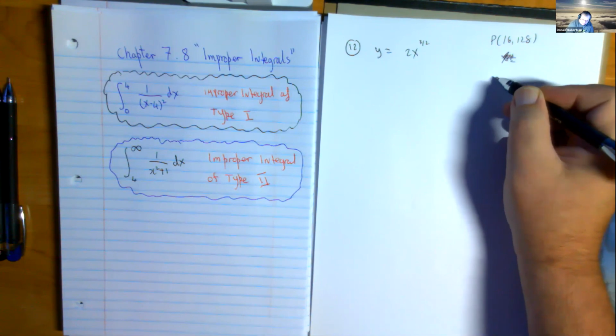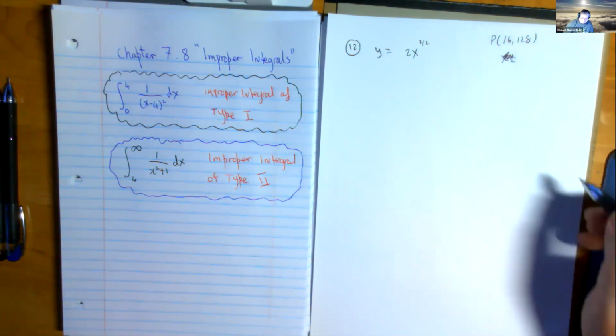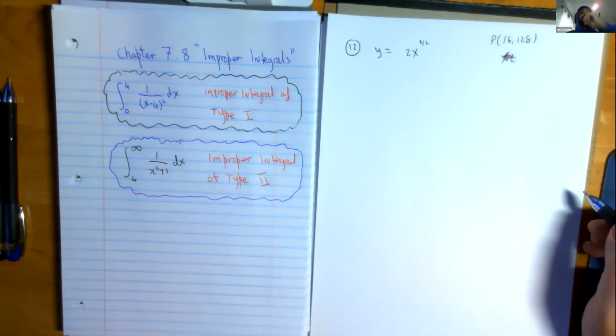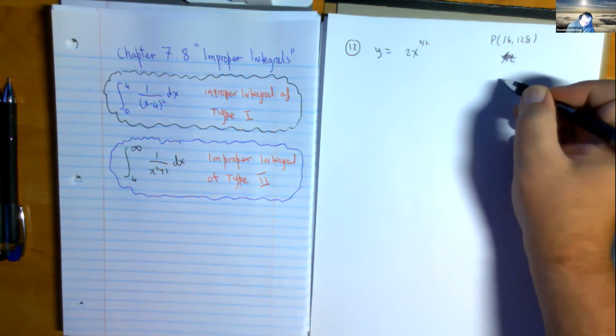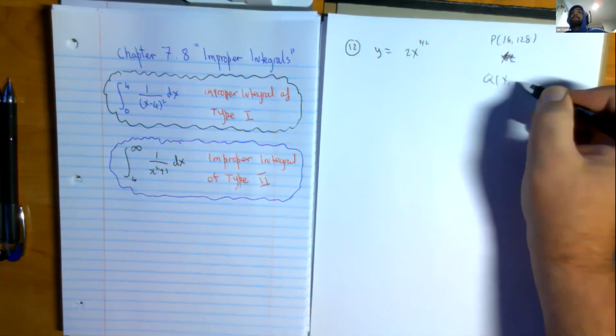Did you have a Q? That says find the arc length function of the curve. Oh, arc length function. Okay, so the other guy is basically going to be x, right?